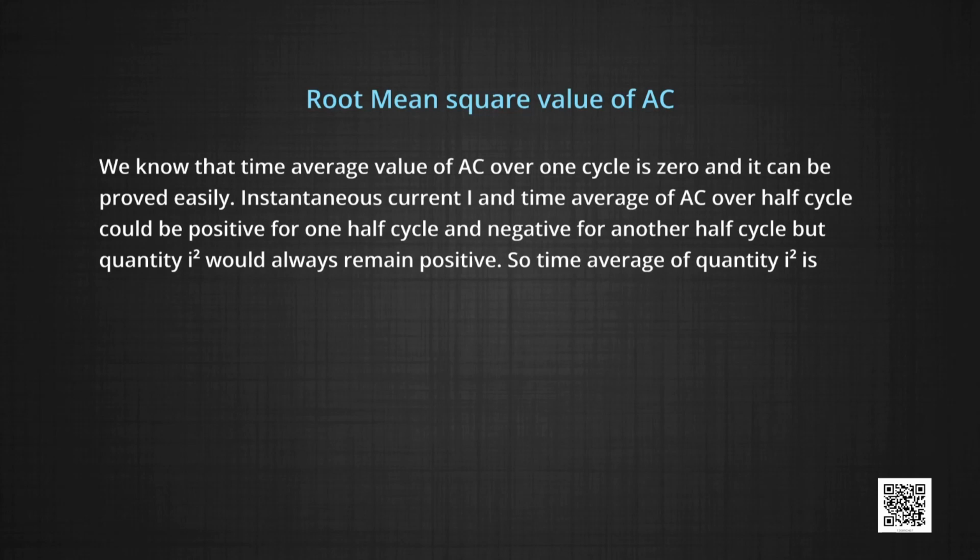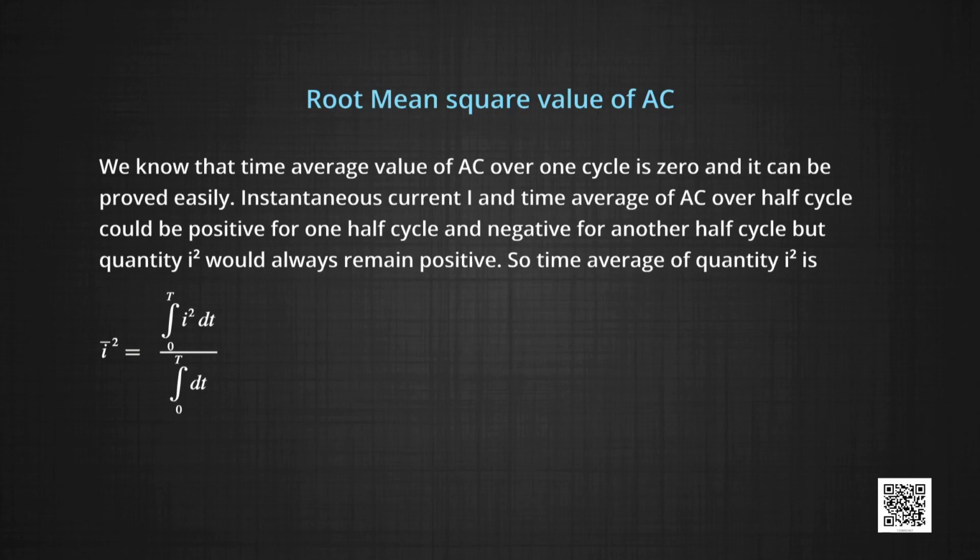The instantaneous current I may be positive for one half cycle or negative for the other half cycle, but the quantity I squared would always remain positive. So, the time average of the quantity I squared is equal to the integral of I² dt from 0 to T for one complete cycle divided by the integral of dt from 0 to T.